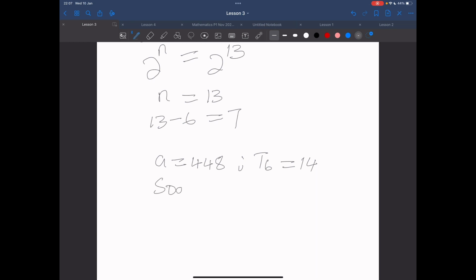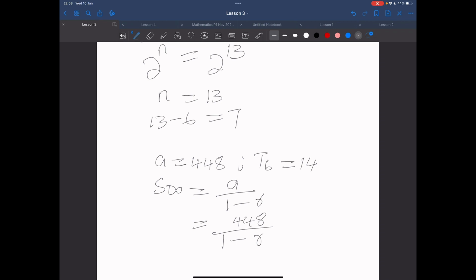Now we know the formula for sum to infinity is A over 1 minus R. So we have A to be 448, and then it's 1 minus R. So we need the value of R. Let's get the value of R first.